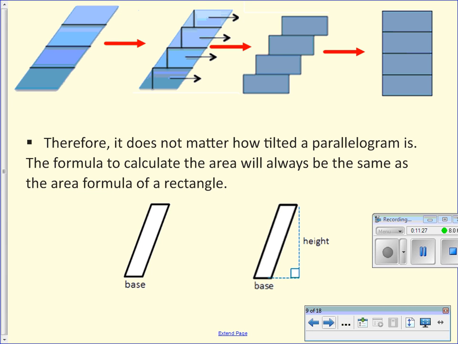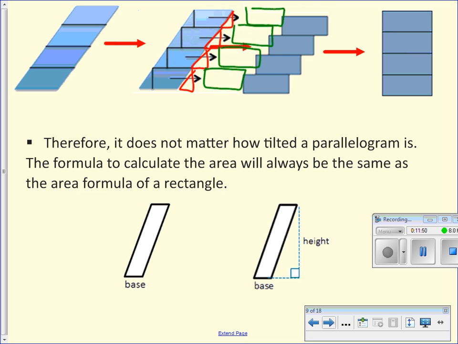Here, I'm going to cut off all these little triangles. When I cut off those triangles, I'm going to move them over here. And what I ended up doing was creating rectangles.